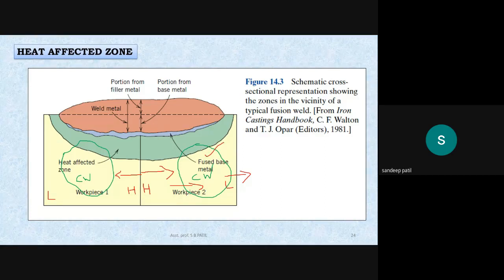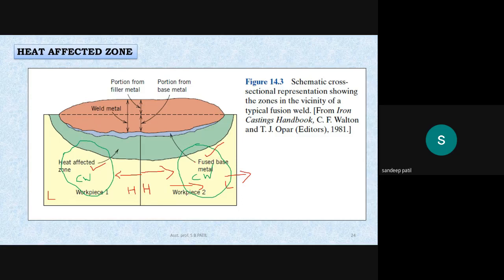Some non-required or non-essential alterations may happen in this region. These are the possible alterations that can be found in the heat affected zone.